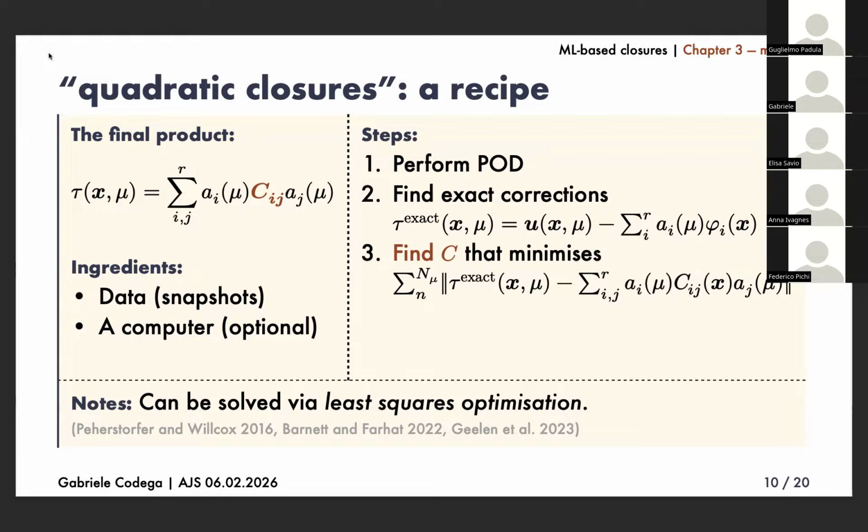Because of course, the interesting thing here is not to build C and use that on data you already have. You want to get new coefficients for new values of your physical parameter and find new solutions. So you want this approximation to behave in a nice way for unseen values of mu, for instance, right?